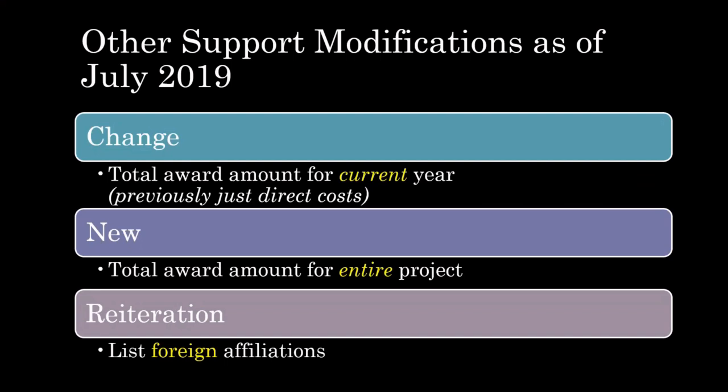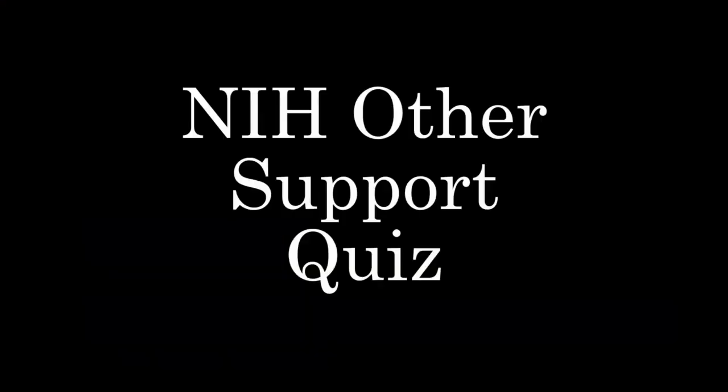Also, listing foreign affiliations. This is a huge requirement now from NIH, as we need to have full disclosure with NIH, and they want any foreign support that a PI has available listed to them.